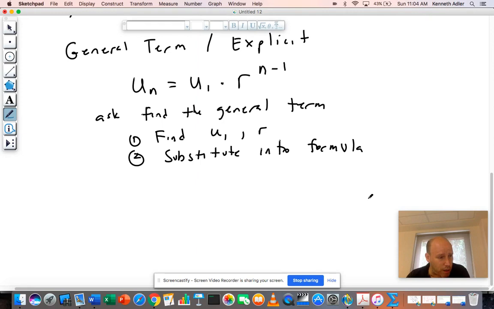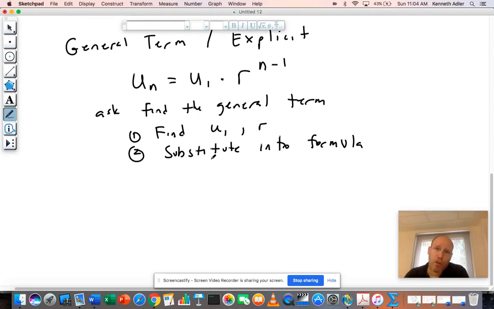Let's go back to some of our original problems. What was the first problem? 2, 10, 50, 250. Okay. So how do I write this as a formula? I already know that I'm multiplying by 5s, but I want to know, like in the last homework problems, how do I get to like the 17th term?